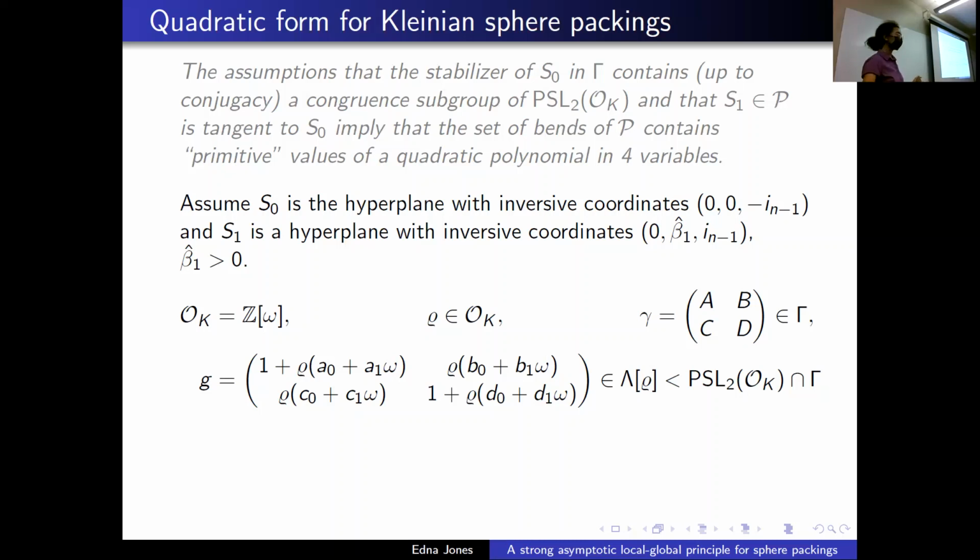I suppose omega is the cube root of 1 in the Soddy sphere packing case. In general, it's whatever it is.